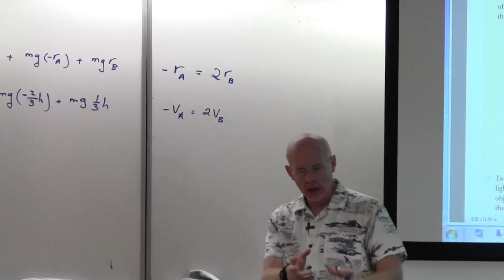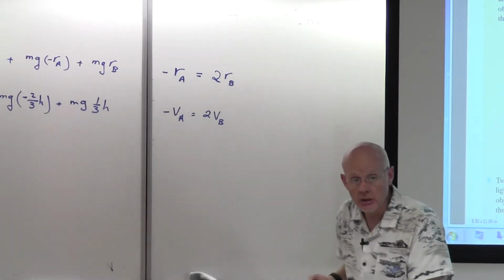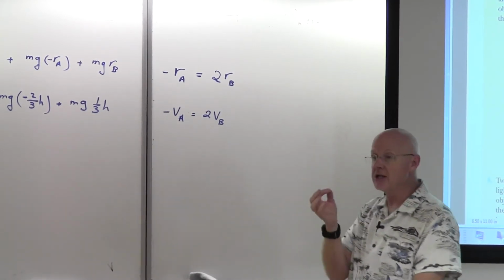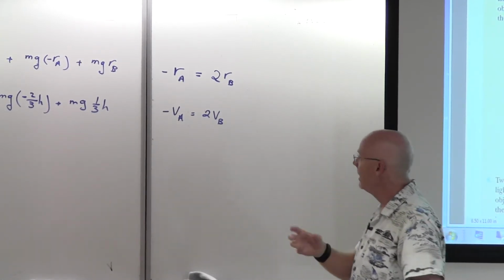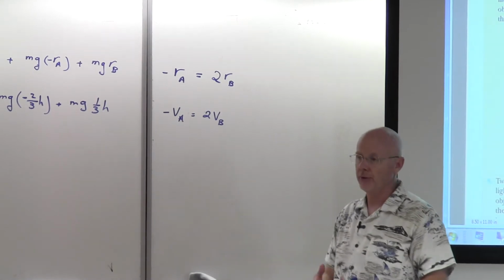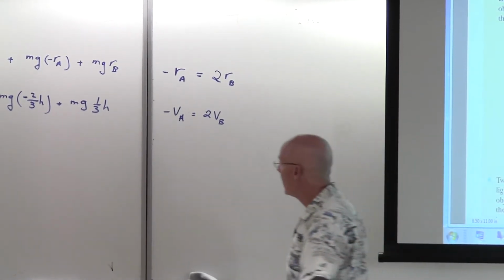I still got some more math to do, but it looks like I've got a great equation that is going to give me a description of what is the speed of block A after there is a separation of H.